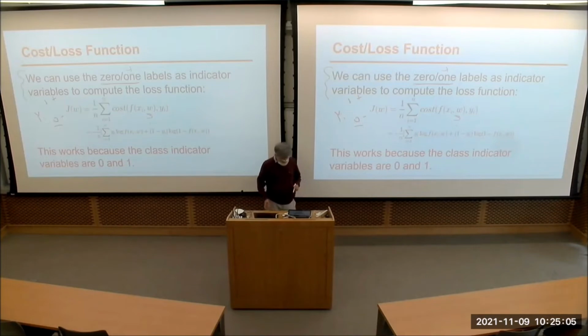Well, we're going to get the probability from that model on each positive or negative example, and we will score it according to the appropriate term, and the sum of these error terms is going to govern the error of that model. Any questions about that? I find this a clever thing. We're using the labels as kind of indicator variables to turn on or turn off the right error function. Any questions?